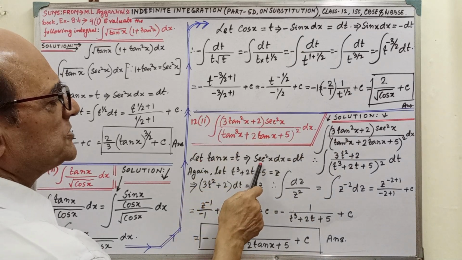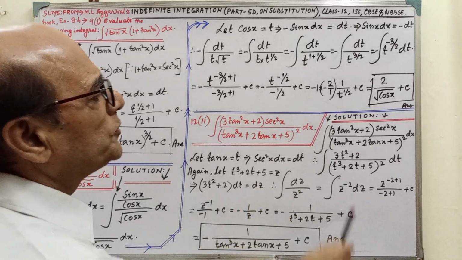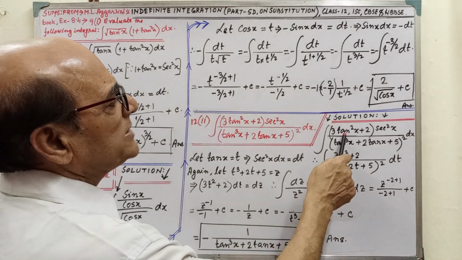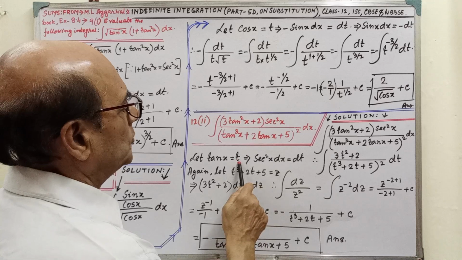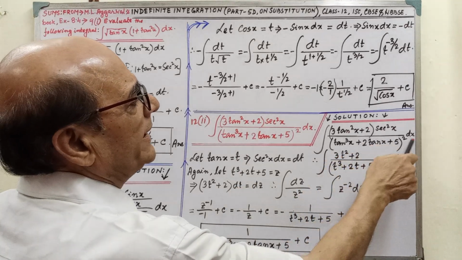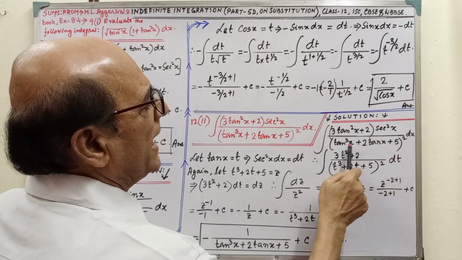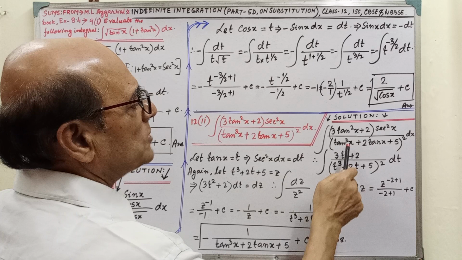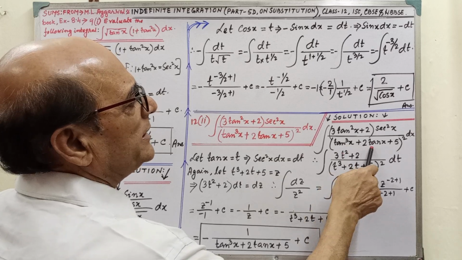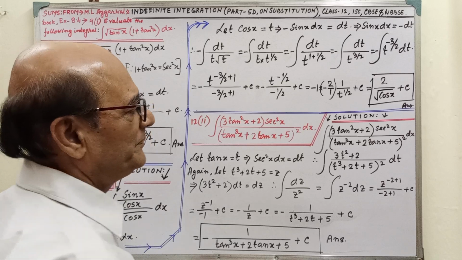By differentiation it is coming sec square x dx equal to dt. Now putting the value, in place of tan x we will put t, that is 3t square plus 2, and sec square dx is dt, and in place of tan cube that is t cube, and in place of tan that is t, and here is the whole square.